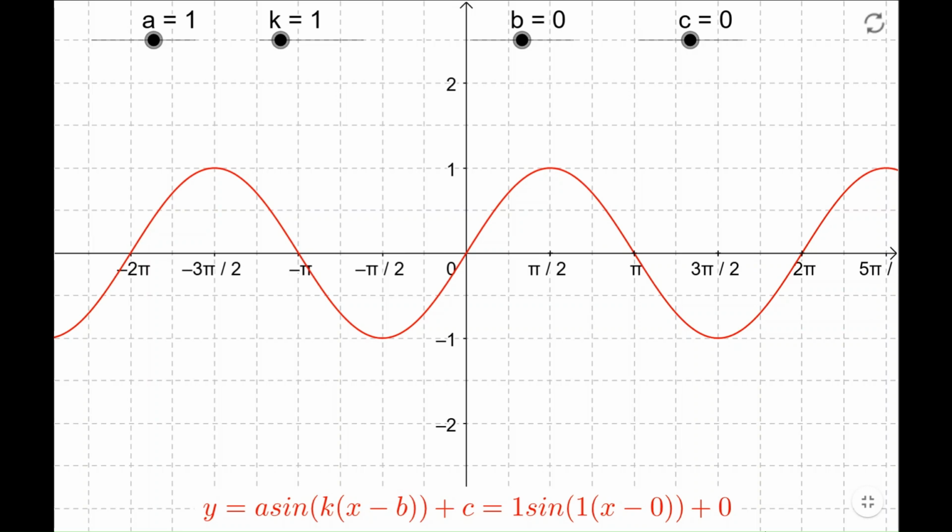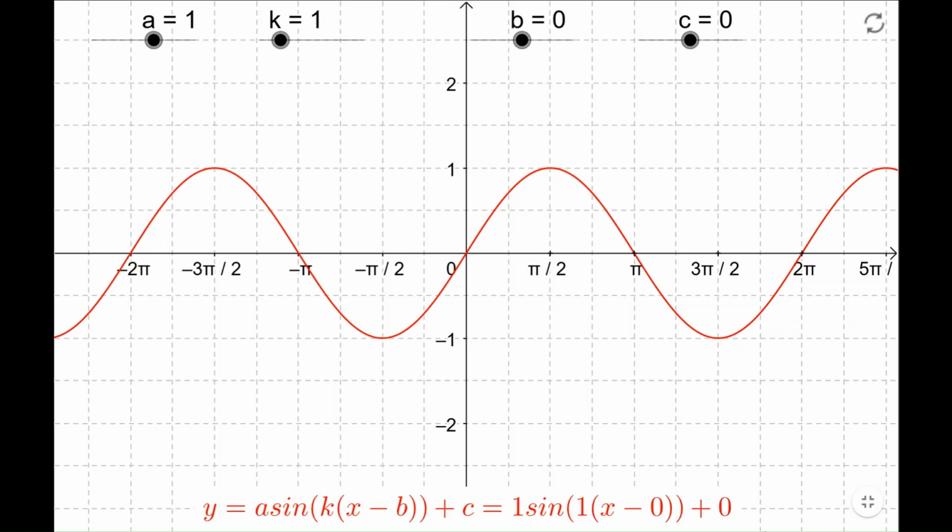So if a is a vertical stretch or compression, then k, which is multiplication inside, is a horizontal stretch or compression. B, so the x minus b, that is a horizontal shift. And remember, the stuff inside does the opposite. So x minus 3 moves it to the right. But again, we want to see, does that still work? And then the plus c on the outside, hopefully you remember that is a vertical shift.